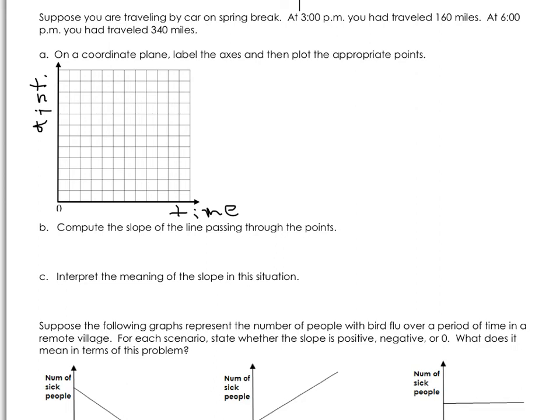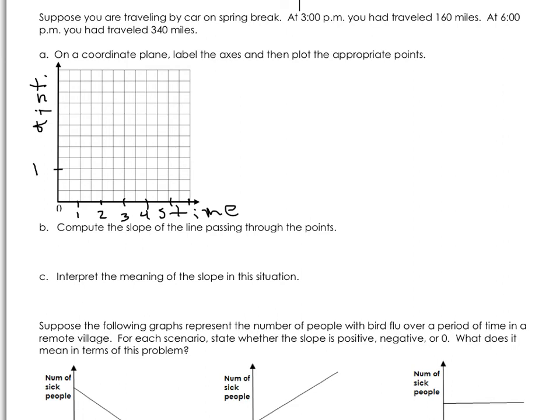So we can have, let's skip over 2 blocks for 1 p.m., 2 more for 2, 3, 4, 5, and finally 6. Our distance, we have 160 miles that we need to record, and we also have 340.